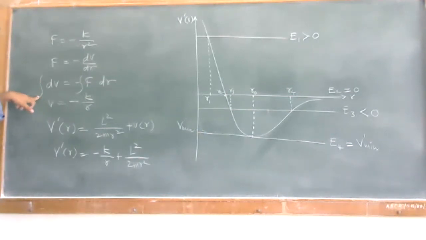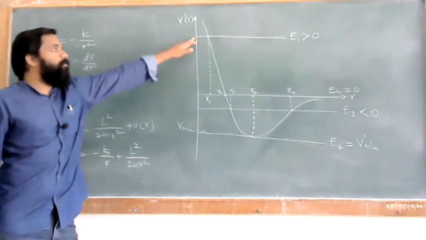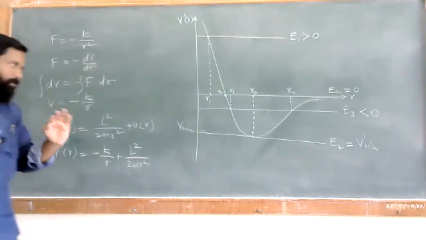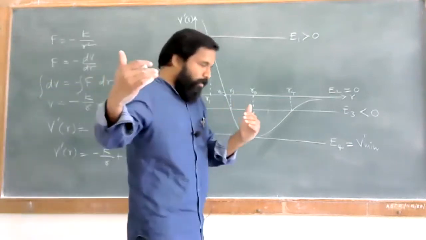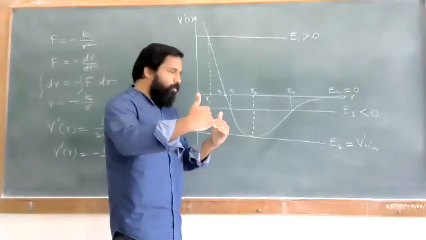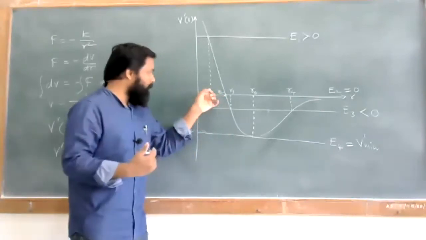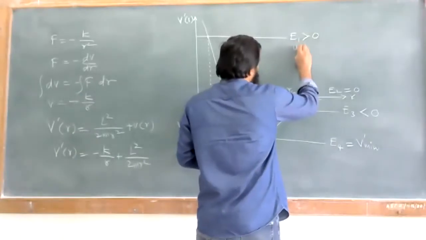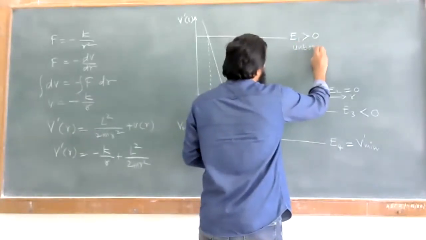And so for the first case, when E1 is greater than 0, we can have a closest distance of approach. That means your point will come to the vector, or you can say the position vector R1, and it moves to infinity. So this motion is called as unbounded motion.